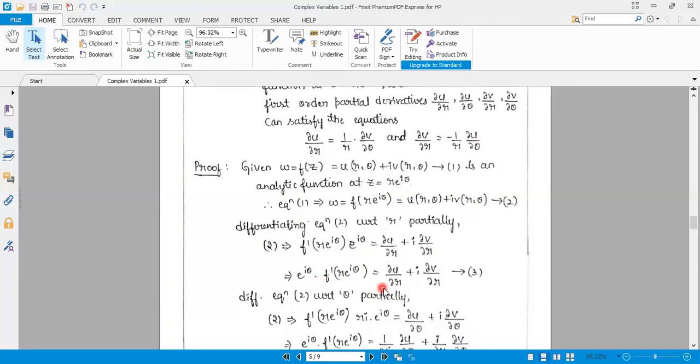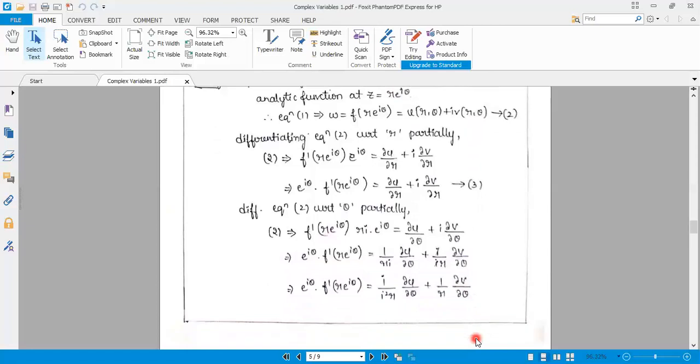Now similarly differentiate equation 2 with respect to theta. So we obtain f dash of r e power i theta into the differentiation of r e power i theta, which is i into r e power i theta, equals dou u by dou theta plus i into dou v by dou theta. Now give some equation number for this, or you can eliminate e power i theta.